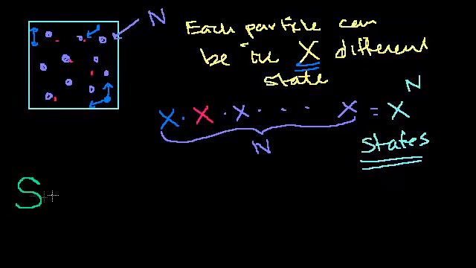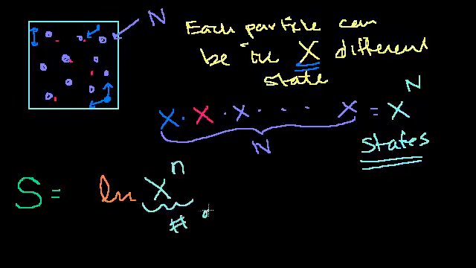S for states. And since the number of states can grow really large, let's say I'd like to take the logarithm of the number of states. That's just how I'm defining my state variable. I get to define it, so I get to put a logarithm out front. So in this case, it would be the logarithm of my number of states, which is x to the n.